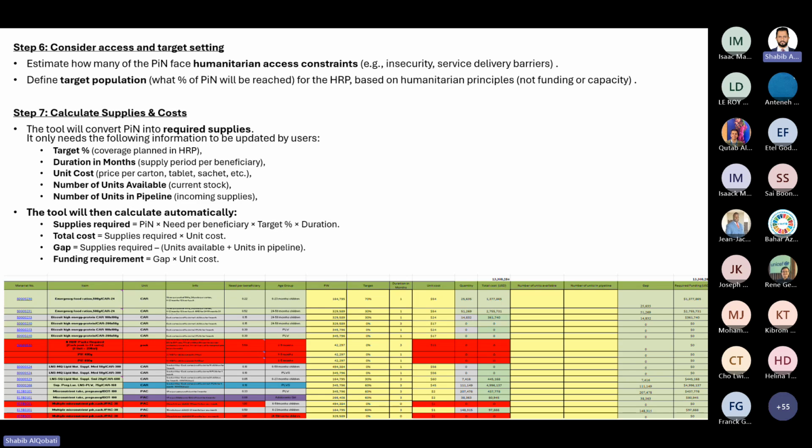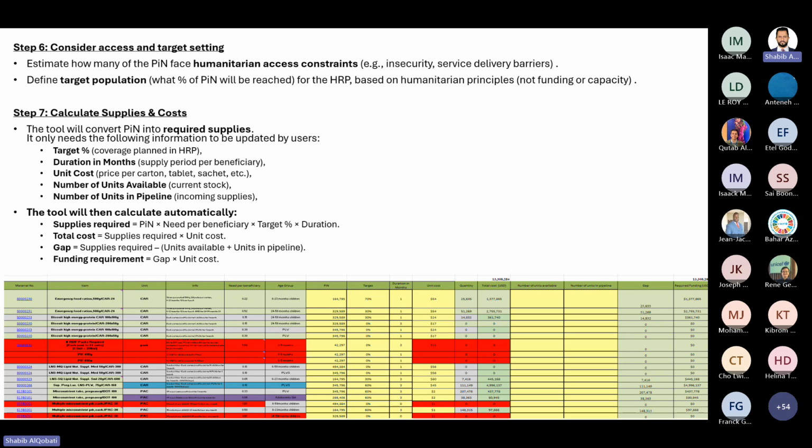Also the duration in months: some supplies you have for 3 months, some for the whole year, and some for the child until recovery. The tool has the unit cost updated until today, but if the unit cost changes, please update it from the UNICEF catalog.